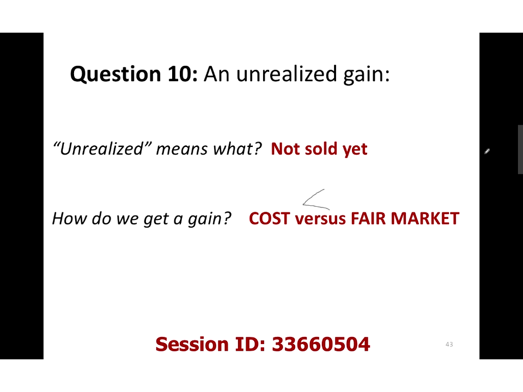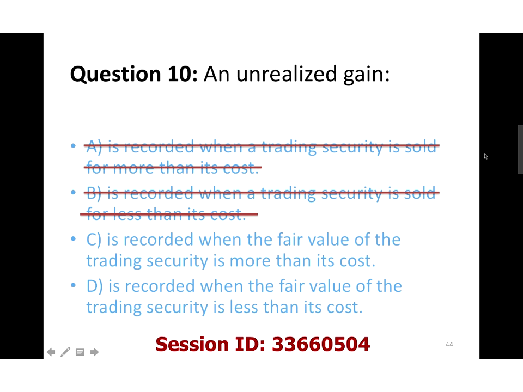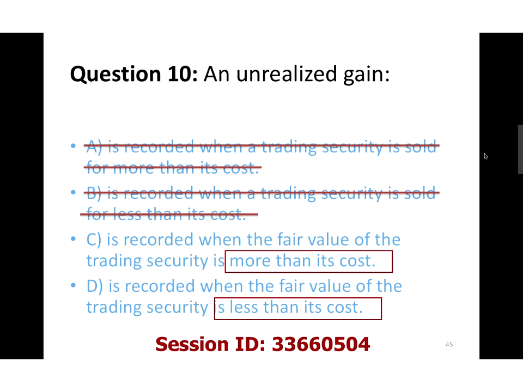So when you walk through this question, it can't be A or B. Because we have the word unrealized, it can't be sold, so we can eliminate those two. Now, the next two answer choices: we have when the fair market value of the trading security is more than its cost, and when the fair market value of the trading security is less than its cost.